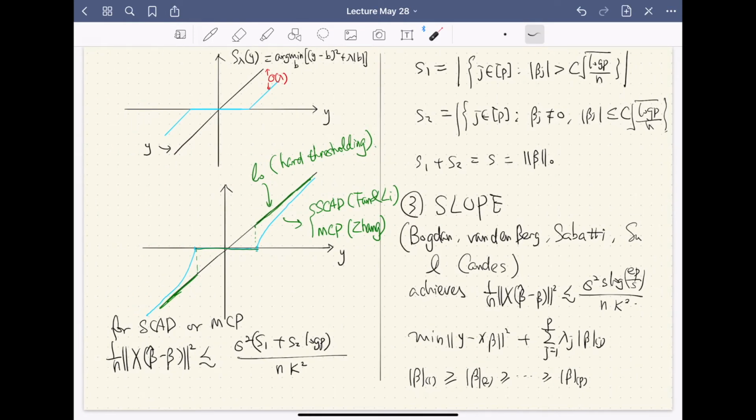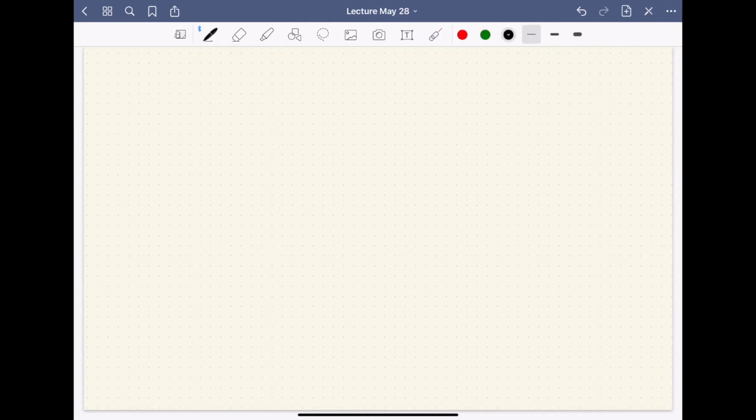All right, so the last improvement or extension I want to talk about actually has two names. These are two methods, but these two methods are equivalent. One is called scaled lasso. The other is called square root lasso.